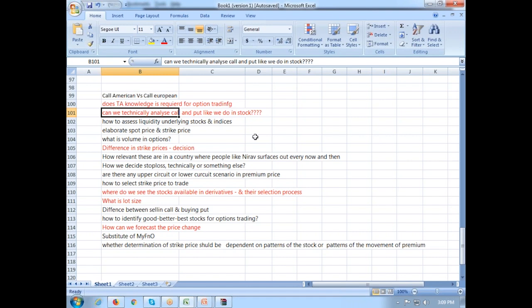If at all you want to see the charts of options to analyze, you can at max watch the Nifty option chart, not stock options.